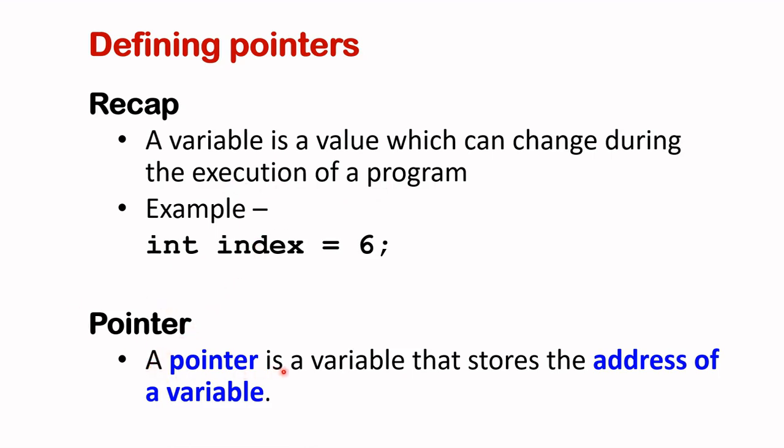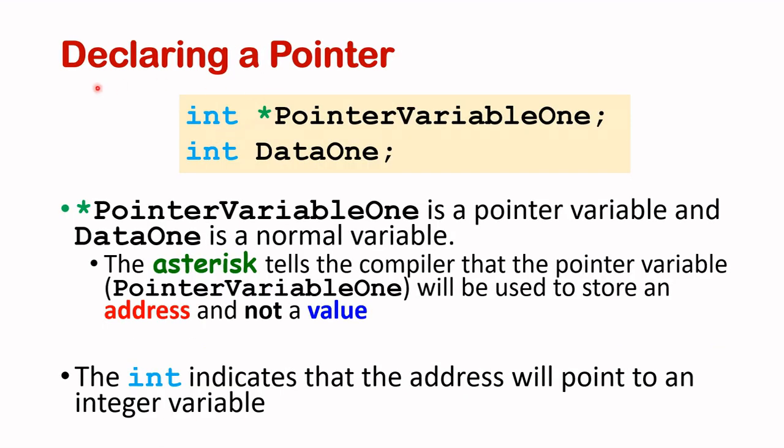A pointer is a variable that stores the address of a variable. Declaring a pointer. I have a code fragment here, and the first line is int asterisk pointer variable 1, and the second line is int data 1.